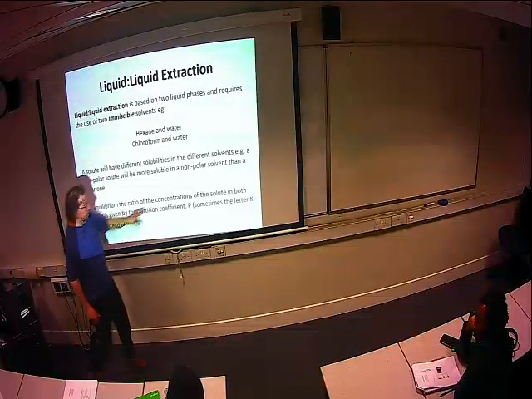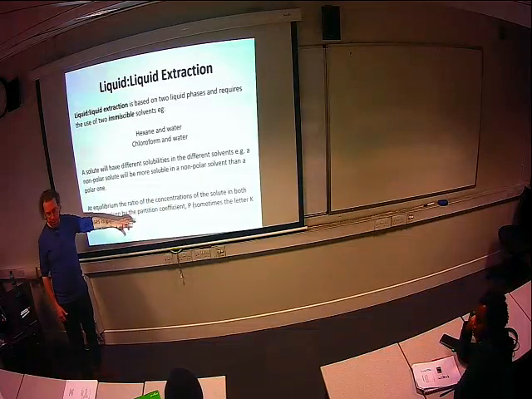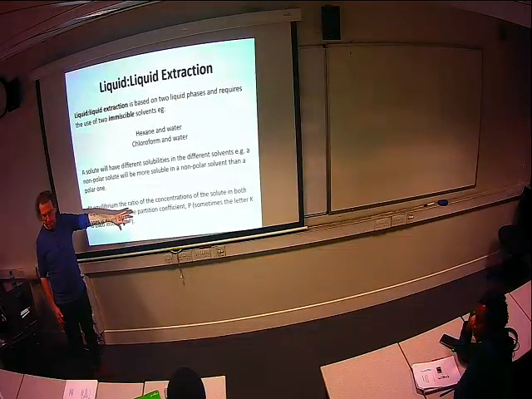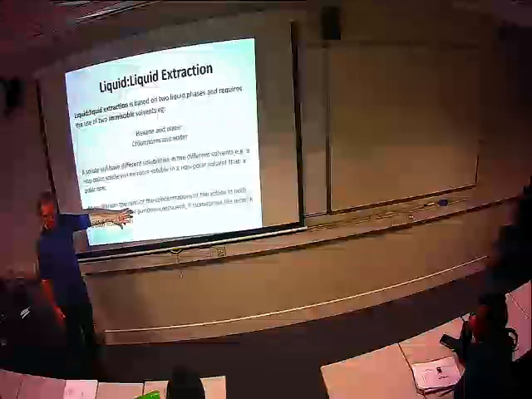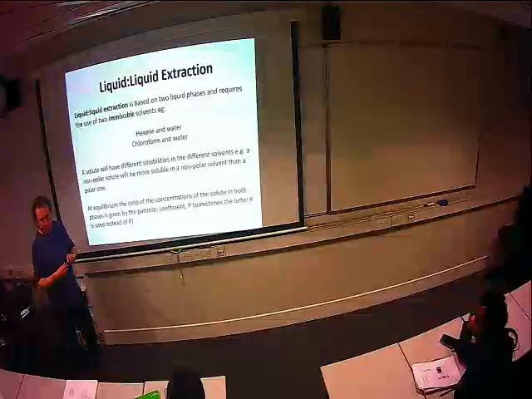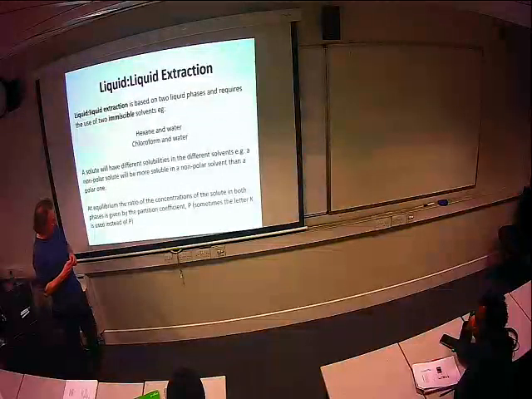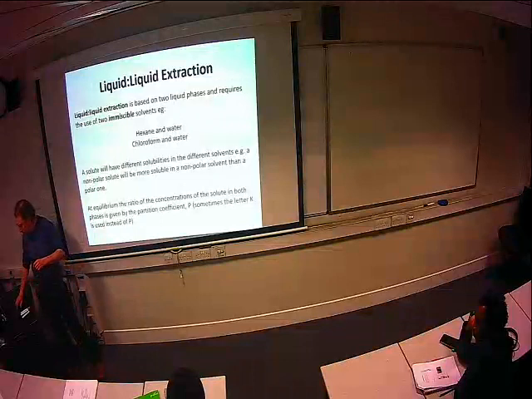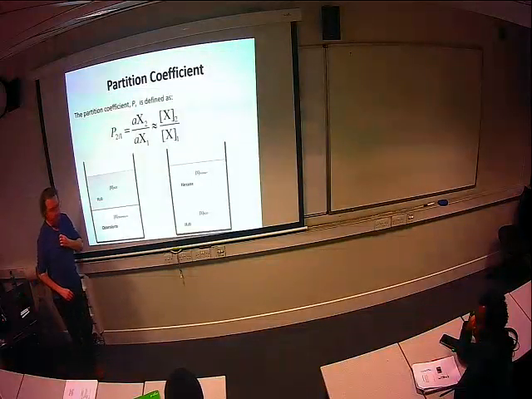That's referred to as the partition coefficient, labeled P here. It can sometimes be labeled as K, which relates to broader thermodynamic calculations. We're using P for partition coefficient here.